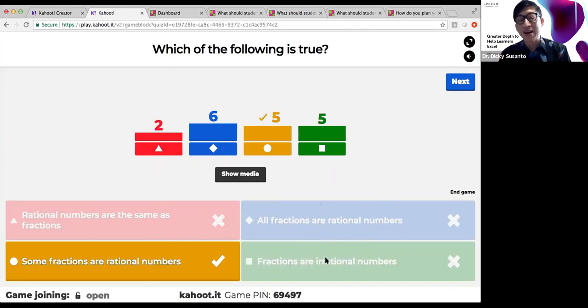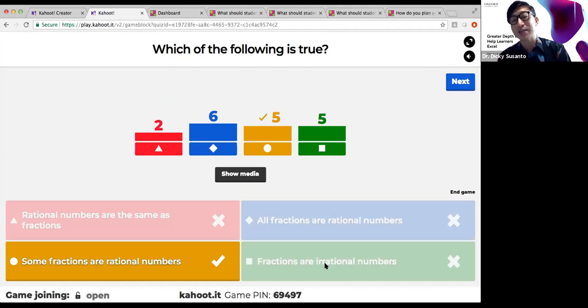So we can see that a lot of us are still sort of confused about what rational numbers are. Just to get a quick sense, rational numbers are numbers that you can express as fractions, a over b, okay? But a and b are only integers. So you cannot have, say, square root of 5 over 2.